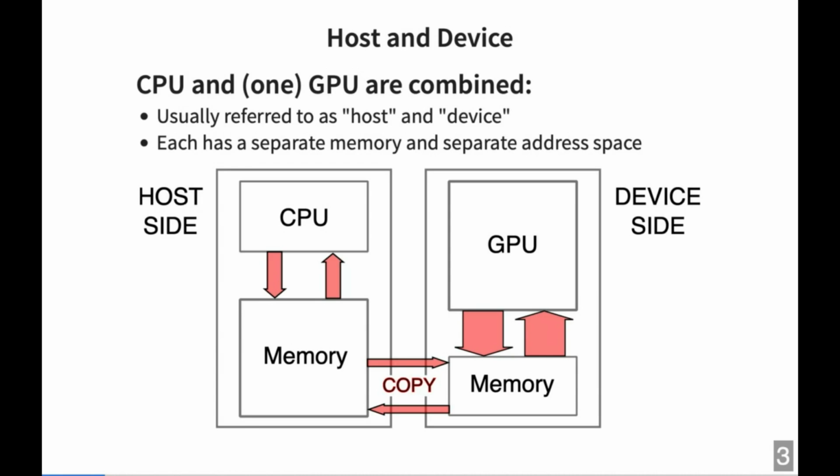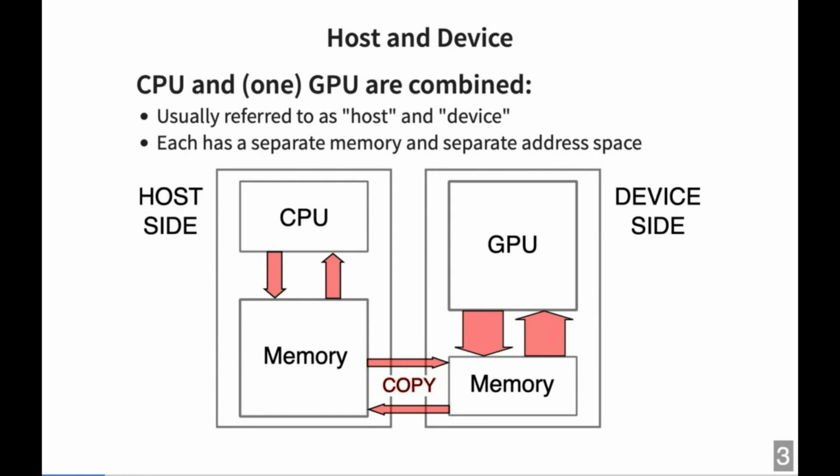So the boxes on these diagrams are meant to be meaningful in the sense that the CPU typically has a relatively large amount of memory associated with it. A modern CPU, you may expect to have maybe 128 or perhaps 256 gigabytes of memory.